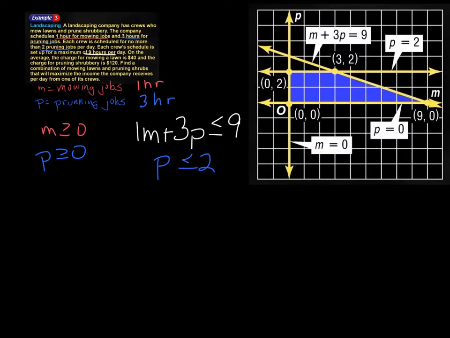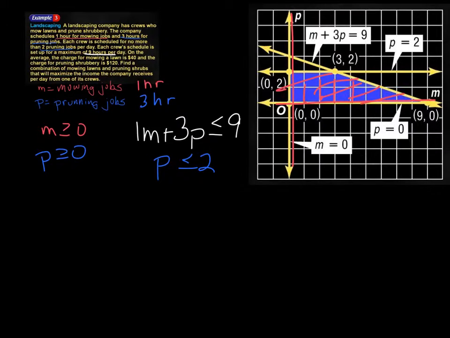Now, in this situation, one is not necessarily the independent variable and the other one the dependent variable, but they just went ahead and assigned M to the horizontal axis and P to the vertical, which is fine. So we've got M is greater than or equal to 0, and shade above. P is greater than or equal to 0, shade to the right.